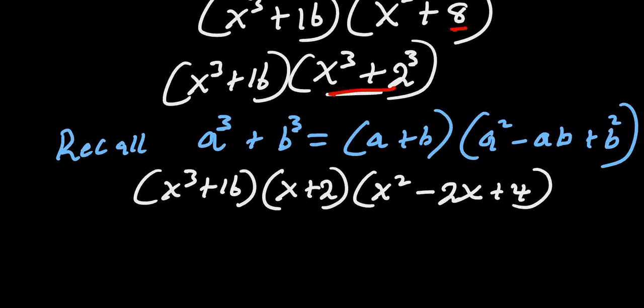So just follow this pattern, and that gives us this and this. We have x cubed plus 2 cubed, so x cubed represents a cubed, and 2 cubed represents b cubed.